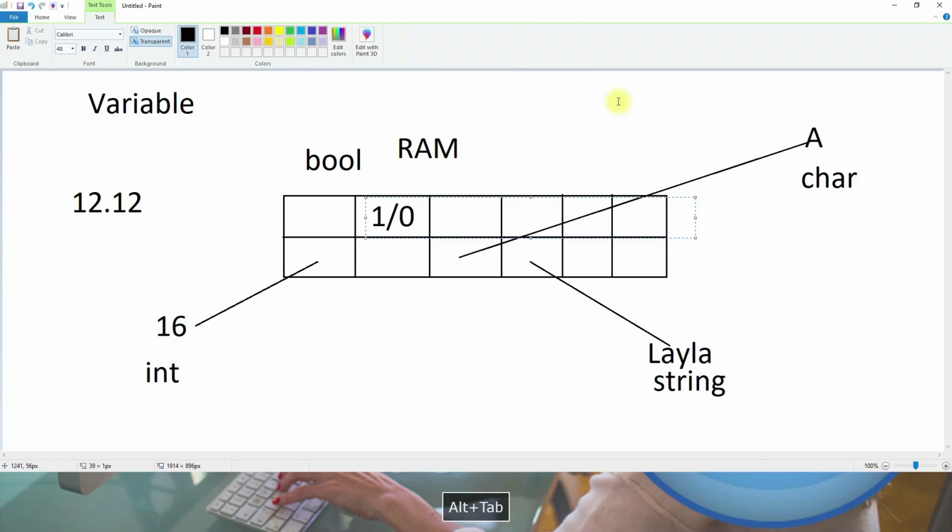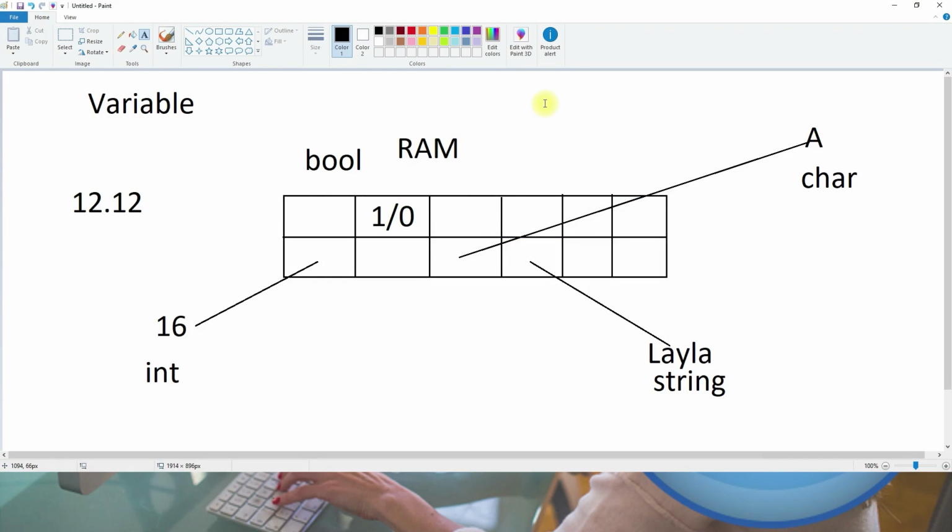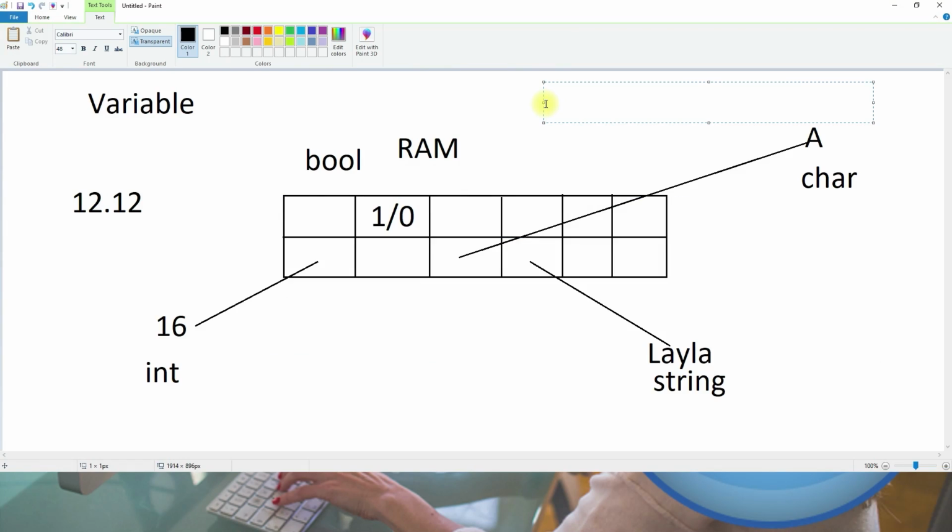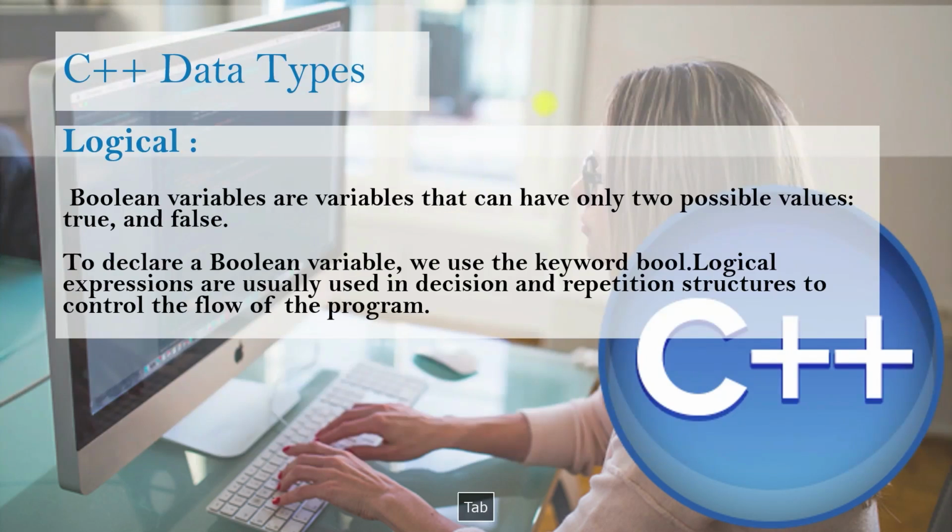Why true or false? Why didn't it say 0 or 1? Because the equal value for true in programming is 1. The equal value for false in programming is what? 0. Understood? That's why in there I said 0 or 1. In here it is said true or false.